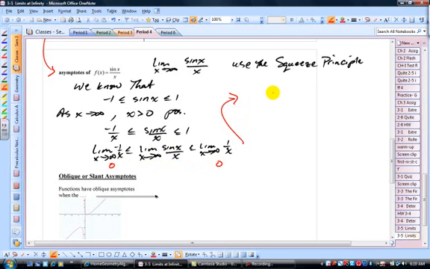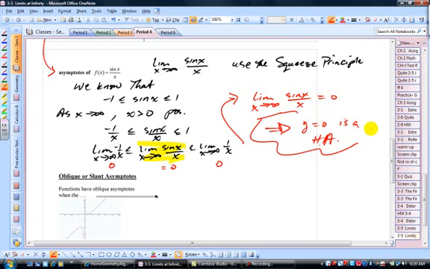It must be squeezed by the two zeros, so it must be equal to 0 as well. So I'm going to say that the limit as x approaches infinity of sine x divided by x is also equal to 0. And that tells me that y equals 0 is a horizontal asymptote. That's my end conclusion.